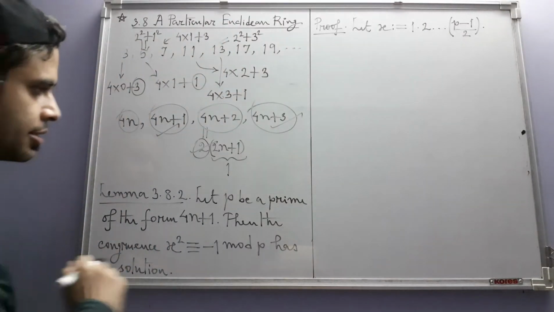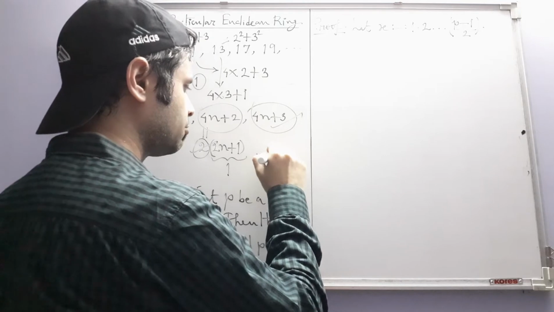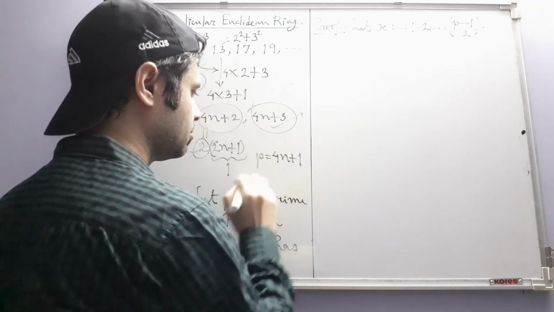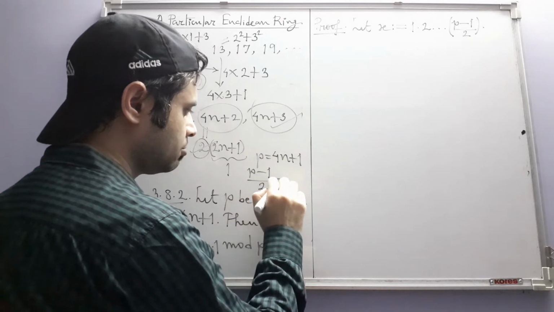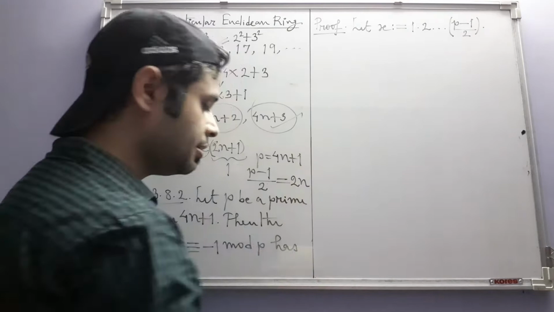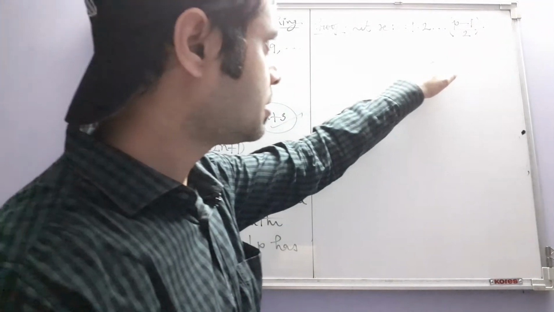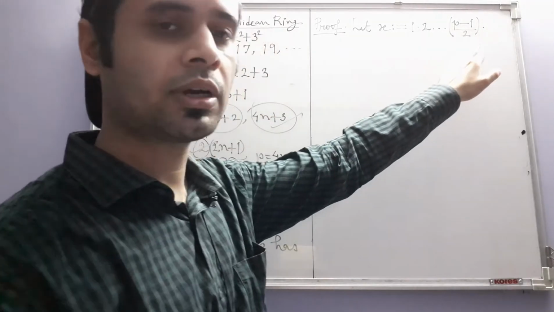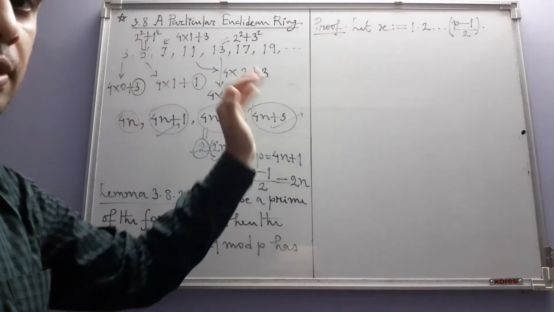Now note that since p is of this form 4n plus 1, so p minus 1 divided by 2 is not only an integer but it's an even integer. Okay, so this product is actually a product of integers, and as such x itself is an integer.